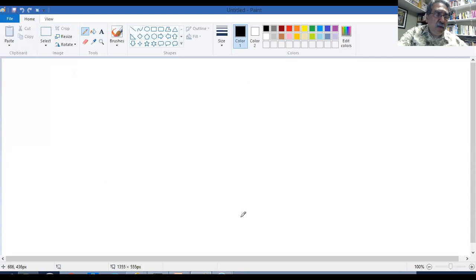Again, we want to find the LCM, the least common multiple of 144 and 300. If you do the factorization, I'm not going to do it here, 144 will end up being equal to 2 to the power of 4 times 3 to the power of 2.